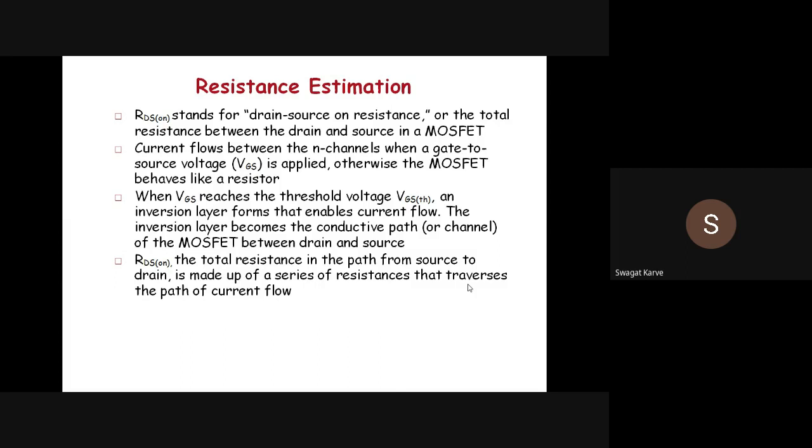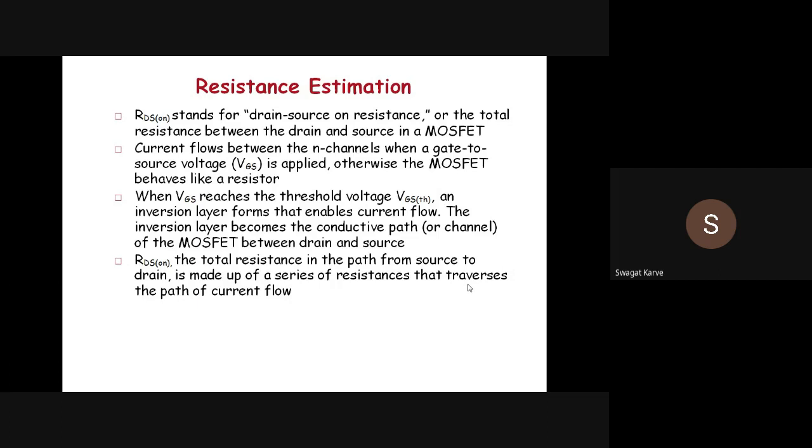So if you consider all this structure and geometry of the MOS transistor, then when you travel along from source to drain, the MOS transistor will exhibit some sort of series resistances.